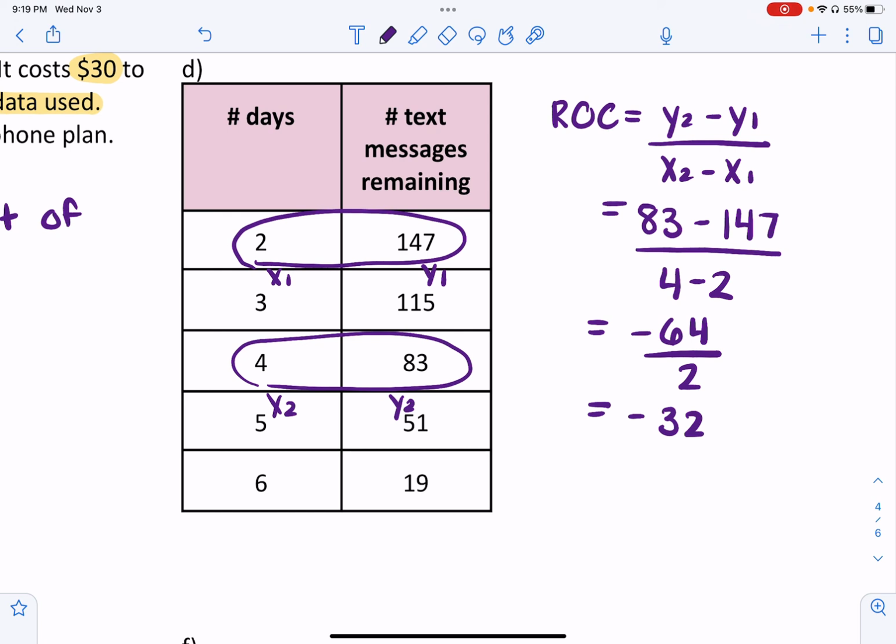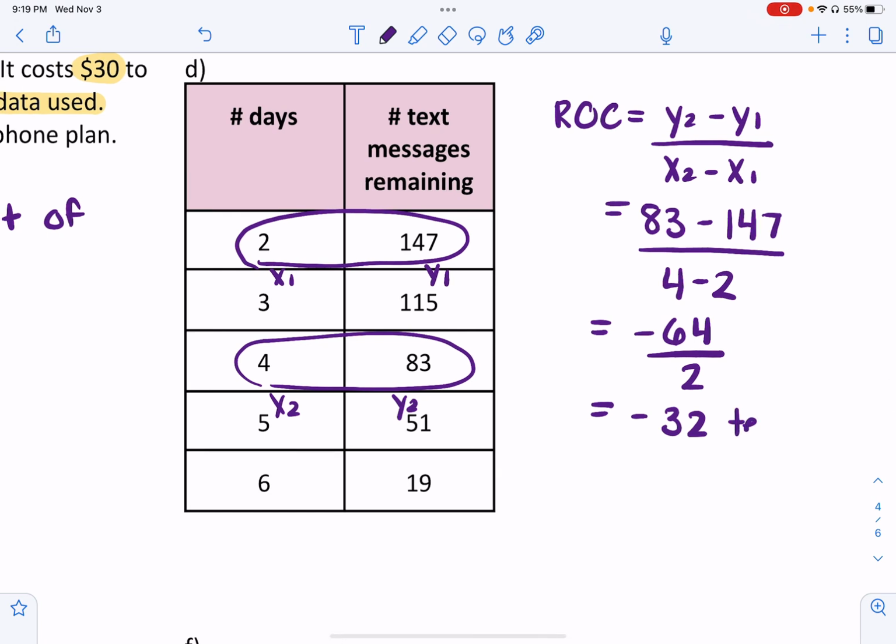So that means I'm losing 32 texts per day, which means each day we're losing 32 texts. And you can see that in the table of values here.